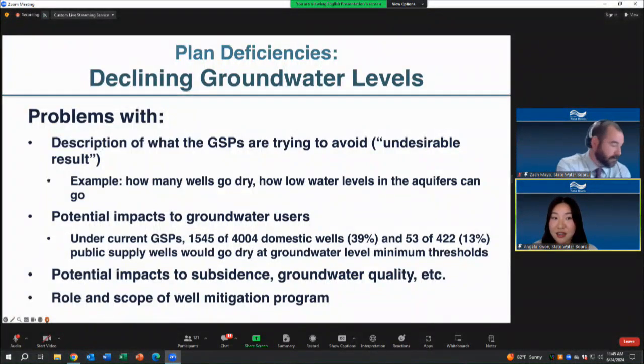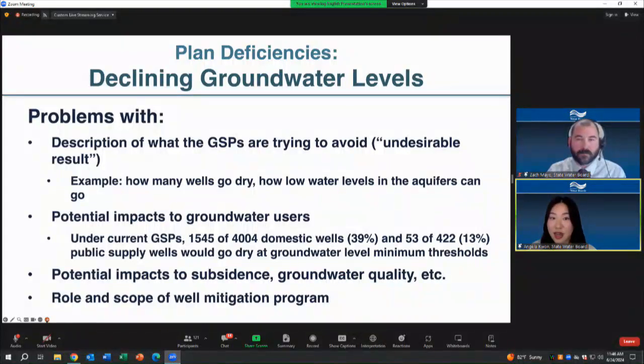Without clearly defining the undesirable results, the agencies will not be able to tell whether their plans are working. The 2022 plans, as written, would allow for significant and unreasonable impacts to groundwater wells. The plans would allow about 2 in 5 domestic wells and at least 50 public supply wells to go dry.